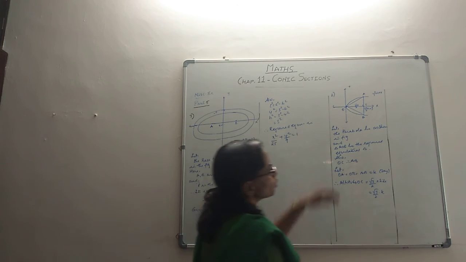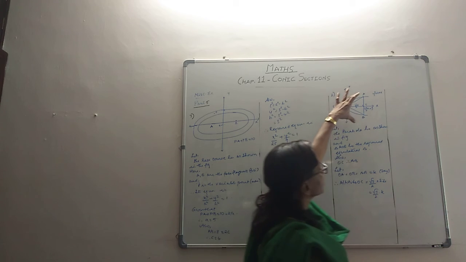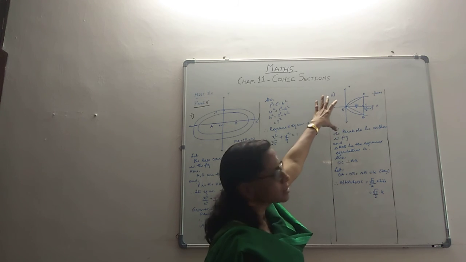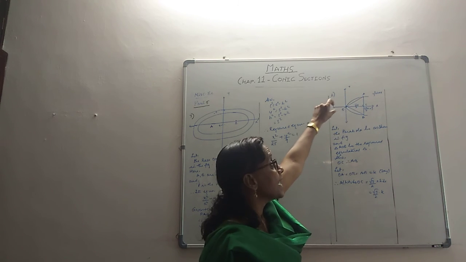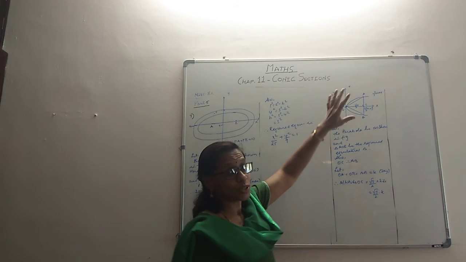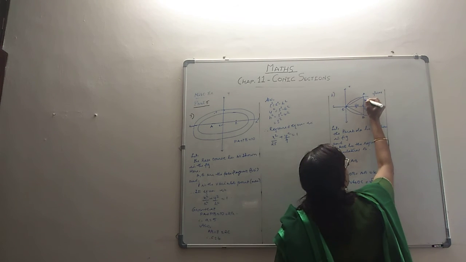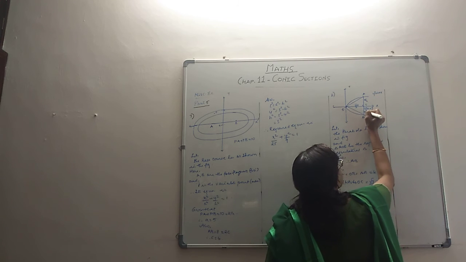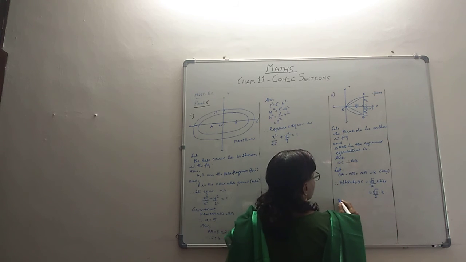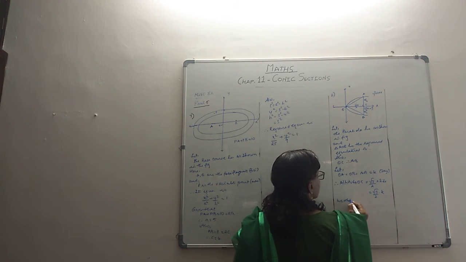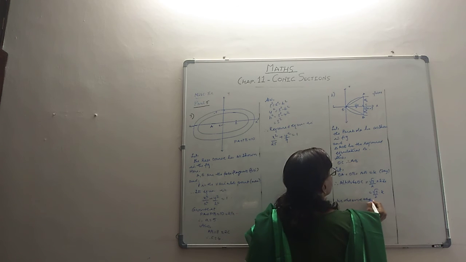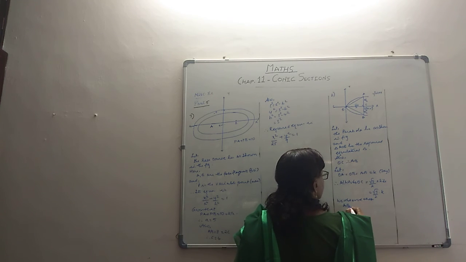Now we also know that the side AB is k, right? And because you have the axis, we know that a parabola is symmetric about the axis. It has to be k by 2, isn't it? So that we observe that AB is k.